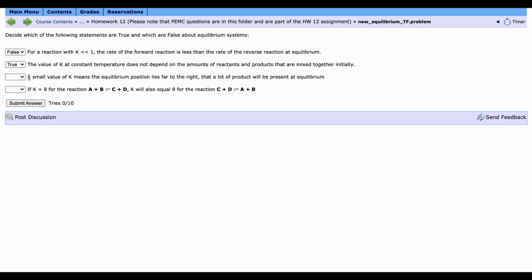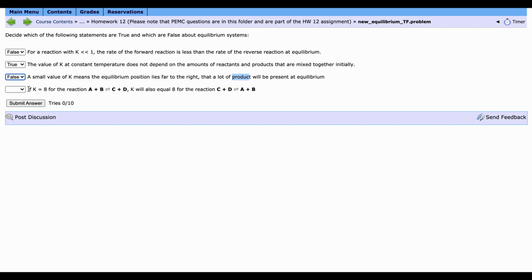The third one says a small value of K means the equilibrium position lies far to the right, that a lot of products will be present at equilibrium. So that's also false because we know that K is a ratio of products over reactants raised to their coefficient. And a small value means that there are a lot of reactants present, not products, so that's false.